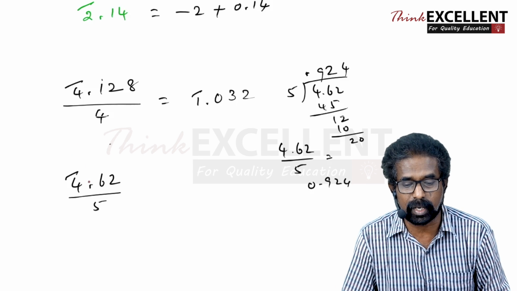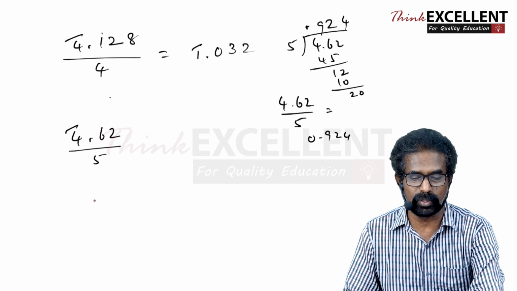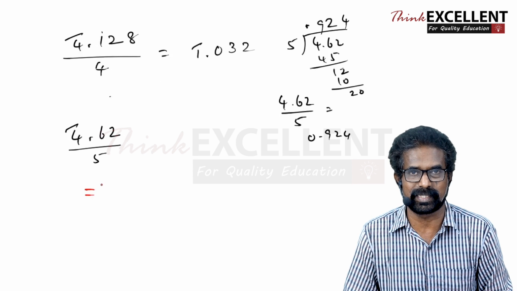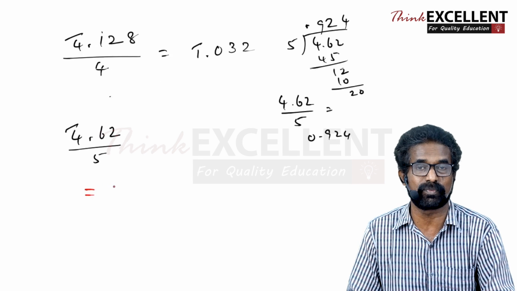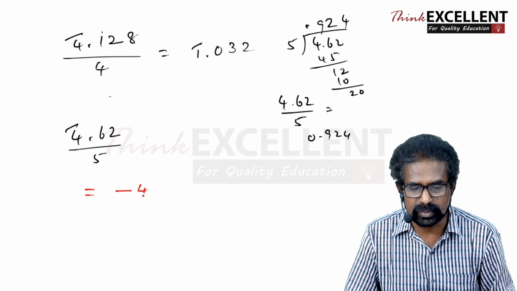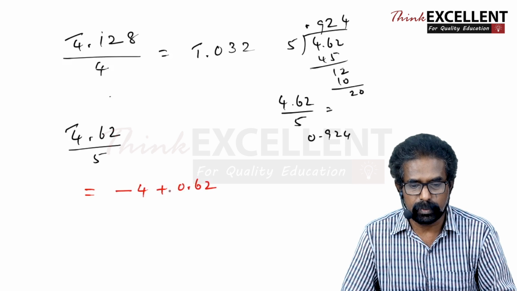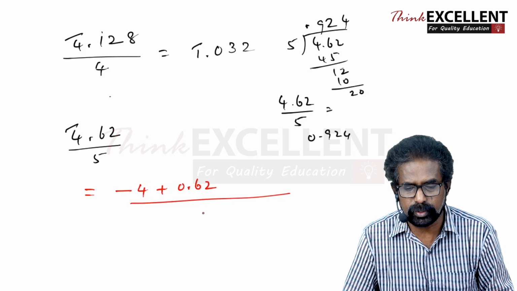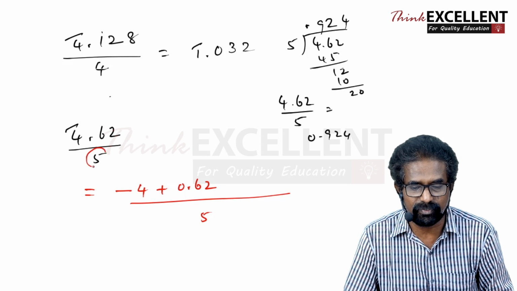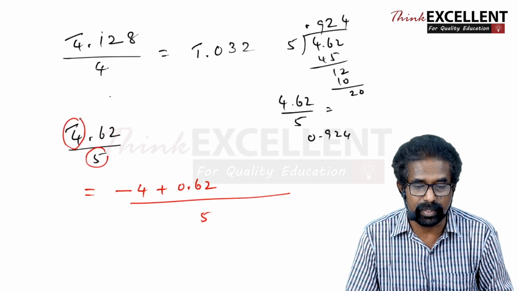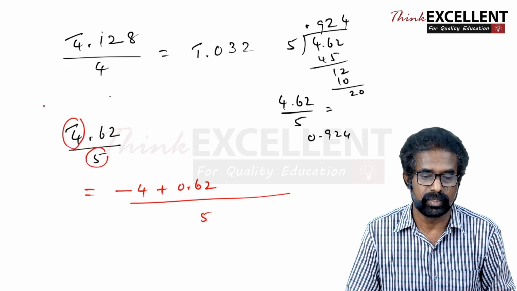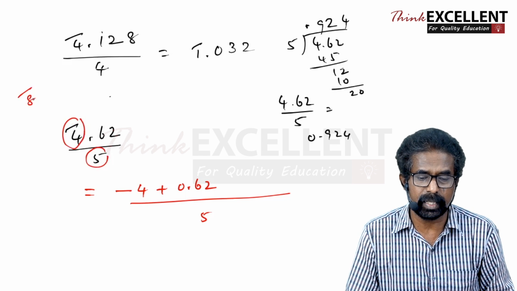Bar 4.62. So here what you do is, the numerator can be written as, as I just explained, minus only for that 4. So the numerator is minus 4 plus 0.62, divided by 5. Since we have 5, I want to make it 5 or the nearest multiple of 5. Suppose it is bar 8, you make it bar 10.